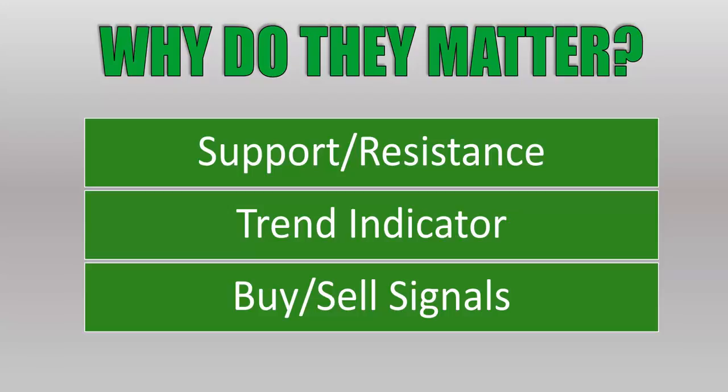Last but not least, buy and sell signals. That's what our profits boil down to. A lot of traders, not just long-term investors, use their intraday charts for buy and sell signals. And a lot of the chart indicators that they use are just simple moving averages or exponential moving averages. I'll explain the difference between those two in a second.